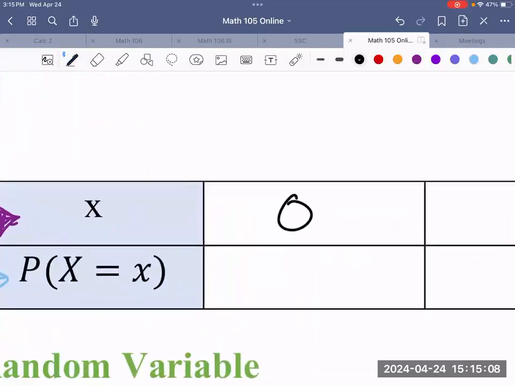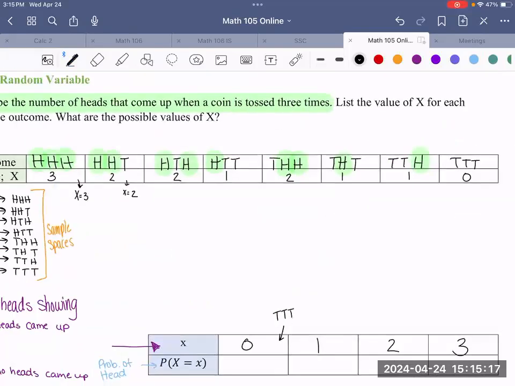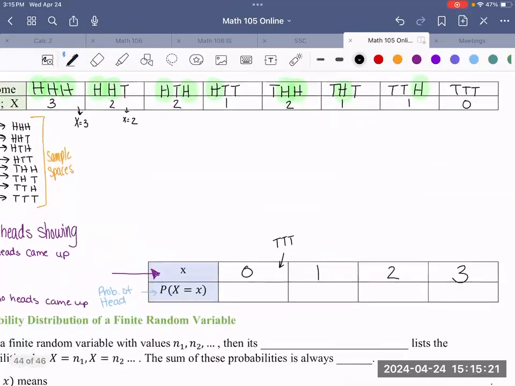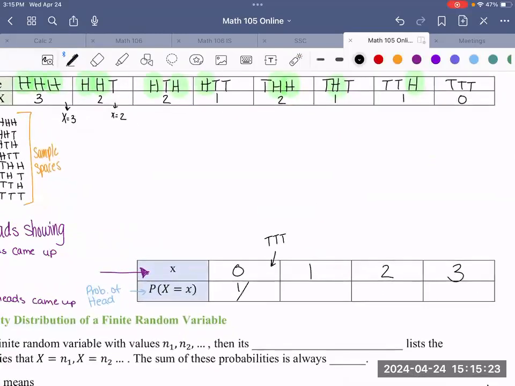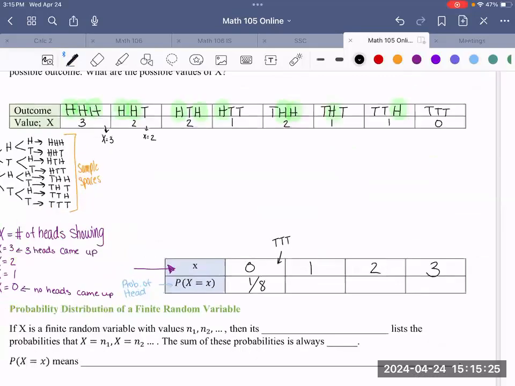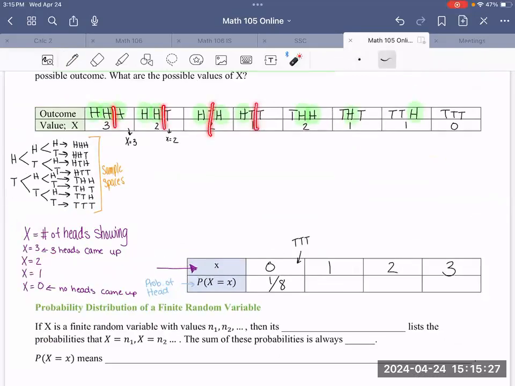How did this 0 come about? Well, this 0 was produced by tails, tails, tails, of which there's only one way to get a 0. So that is 1 out of 8 total options: 1, 2, 3, 4, 5, 6, 7, 8.